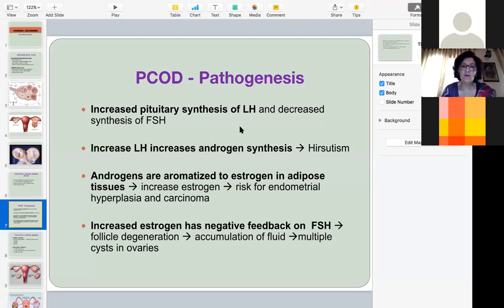Androgens formed here are then aromatized to estrogen in adipose tissues, which will cause an increase in estrogen levels and risk for endometrial hyperplasia and endometrial carcinoma. Increased estrogen will also have a negative feedback on FSH and lead to follicular degeneration, accumulation of fluids, and multiple cysts in the ovaries. So this is what happens in PCOD, and the multiple cysts that you see in the ovary in PCOD are all follicular cysts.